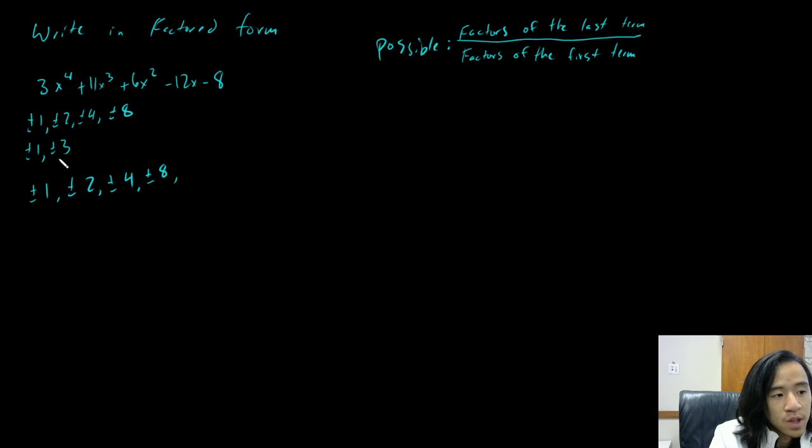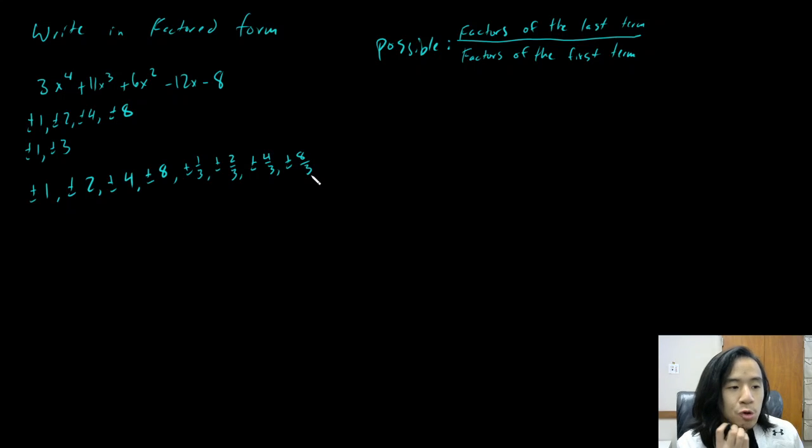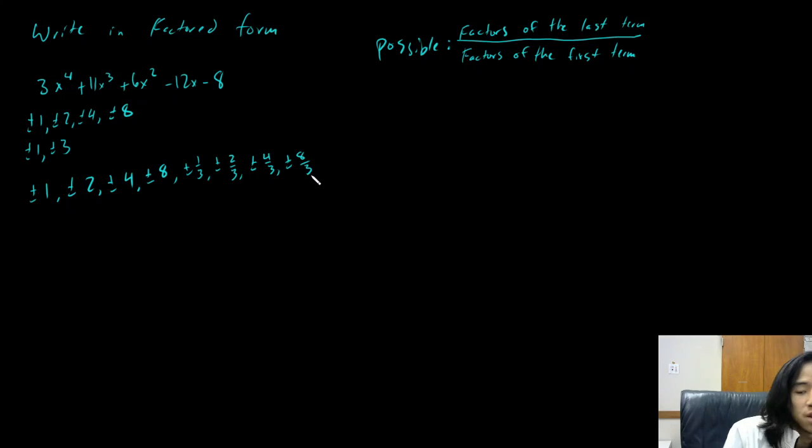And now I'm going to do everything over 3. So plus minus 1 over 3, plus minus 2 over 3, plus minus 4 over 3, and plus minus 8 over 3. So these are all of the possible roots of this quartic polynomial.